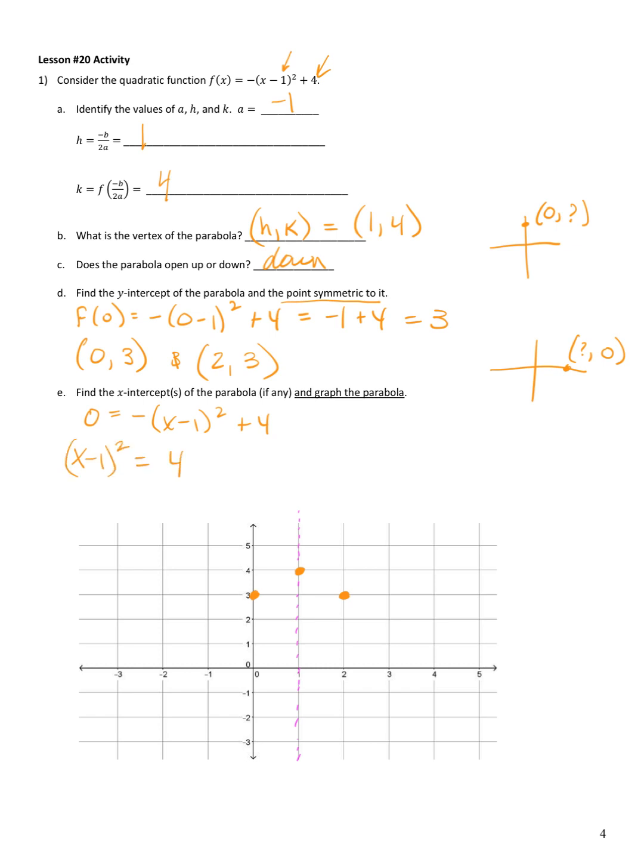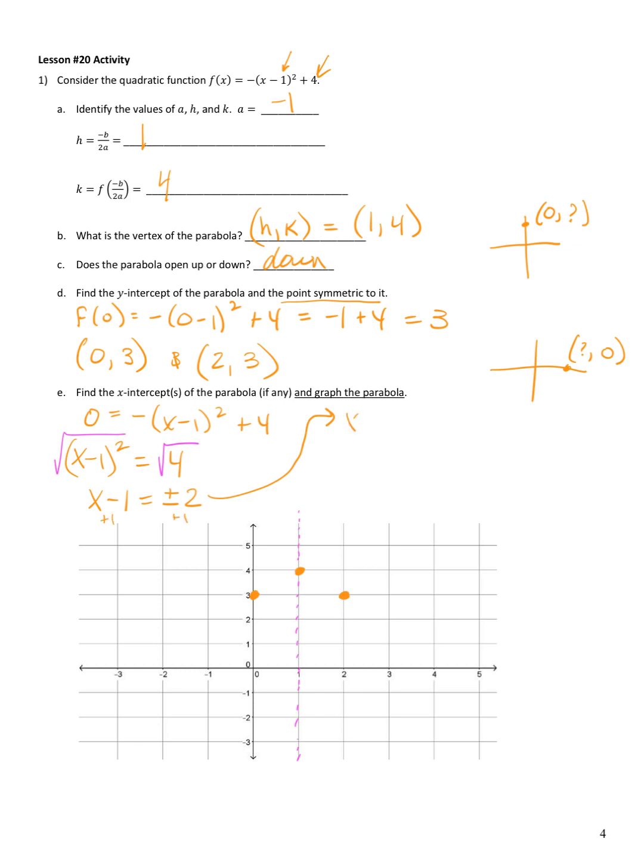Then I'm going to take the square root of both sides. The square root of (x minus 1) squared is x minus 1. And when I take the square root of 4, I'm actually going to write plus or minus 2. Right, because there are two numbers you can square to get 4, 2 and negative 2. And then I just add 1 to both sides.